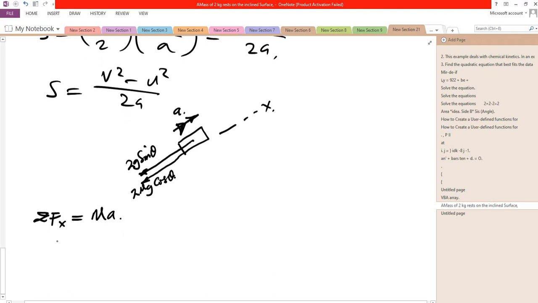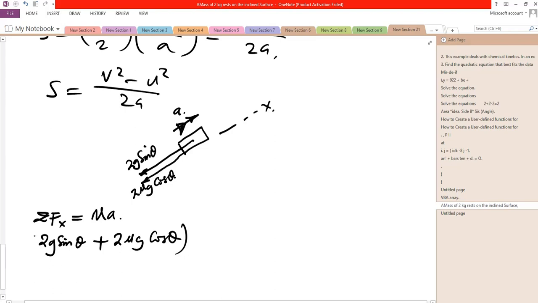Now we need to find the deceleration of the object. So for us to find the deceleration, we have 2g, which is the force down the hill, plus 2 times mu times g cos theta.